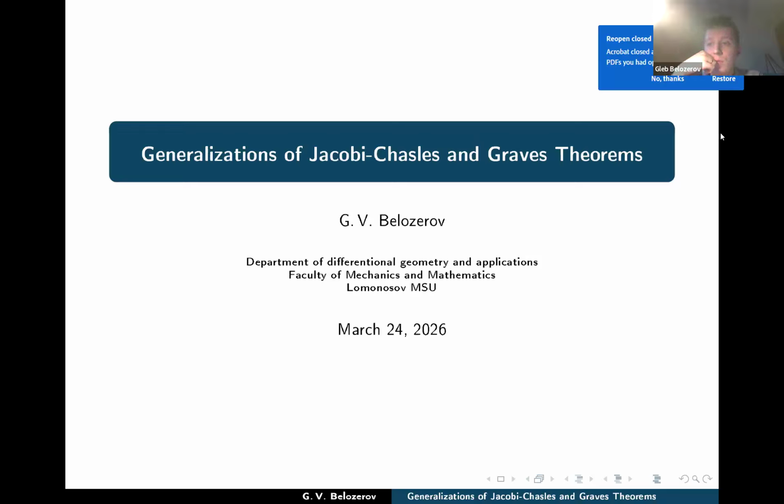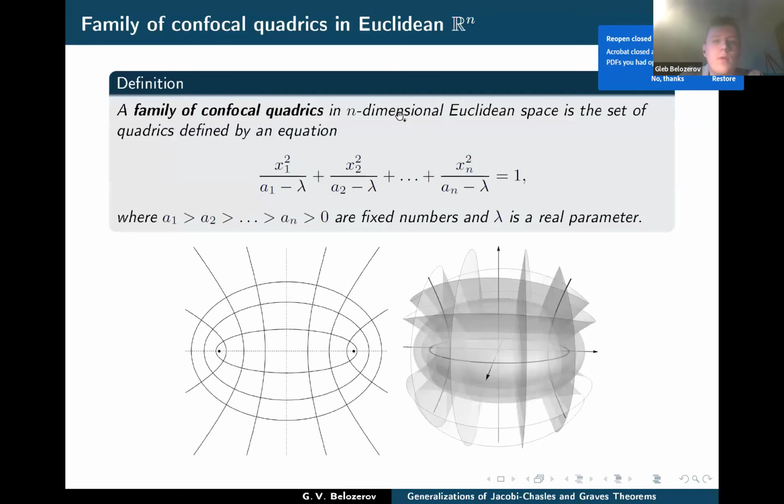And first of all, I want to remind the definition of a family of confocal quadrics in Euclidean space and some properties of it. A family of confocal quadrics in n-dimensional Euclidean space is a set of quadrics defined by the following equation.